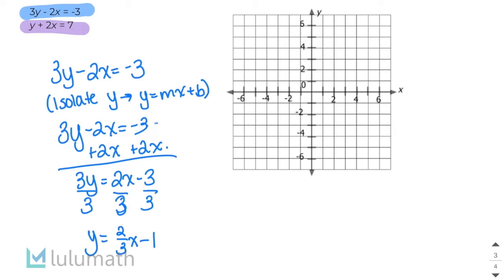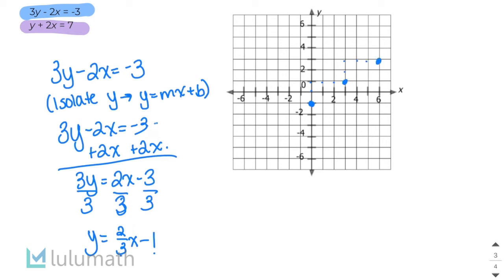So in order to graph this out, I'm just going to start at -1 on my y-axis because this is my y-intercept. And my slope is 2 over 3, which means I need to go up 2 and to the right 3. Up 2 and to the right 3.